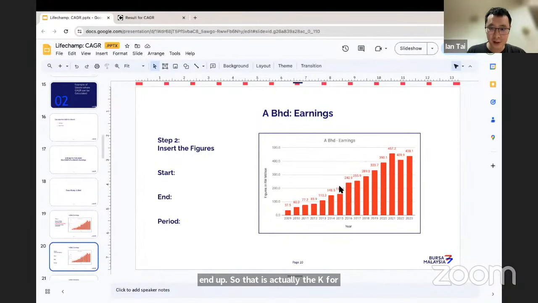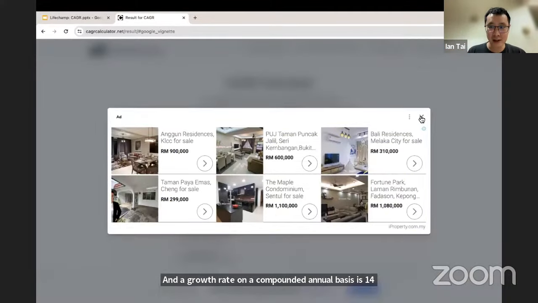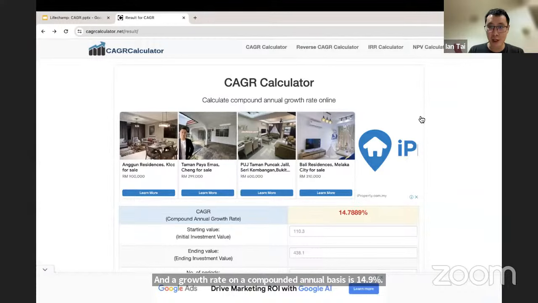All right. So as an investor, what kind of information am I gathering? I am gathering the information that A Berhad has a track record of generating consistent growth in earnings, and the growth rate on a compounded annual basis is 14.9%. All right, as calculated with my CAGR calculator.